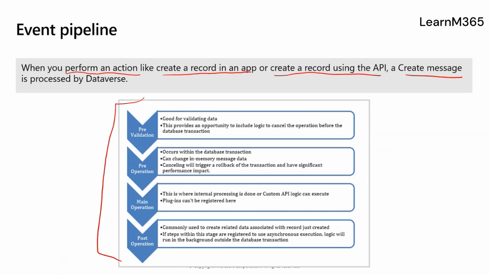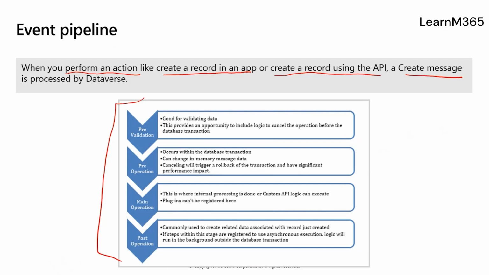Then I can make use of the event pipeline. Having a strong understanding of how messages are processed can help you understand behavior and where best to implement custom logic.